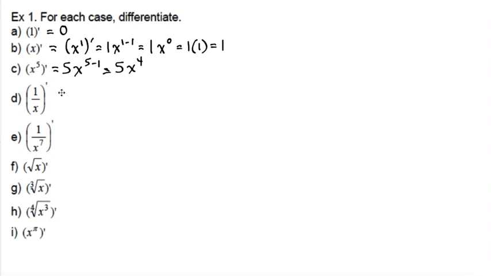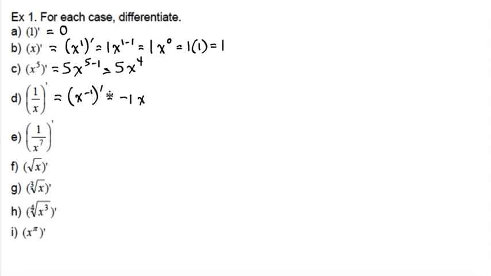Anytime you have a rational expression, remember that you can write this as an exponent with a negative. So instead of writing 1 over x, I could write this as x to the negative 1, and I want to find the derivative of that. So how do I do that? Well, I follow the same rule as I did with the power function up here. I'm going to take my exponent, negative 1, and multiply it by my term.